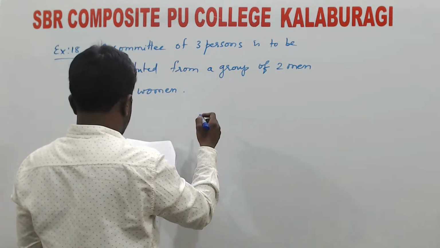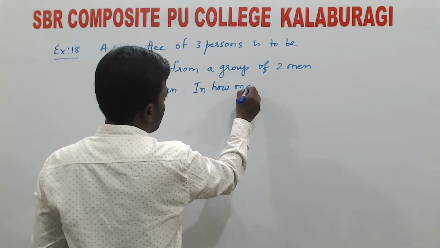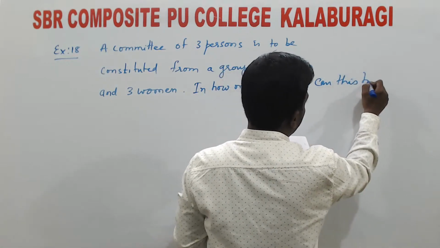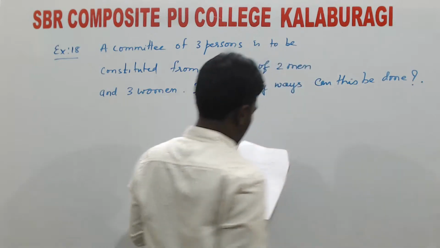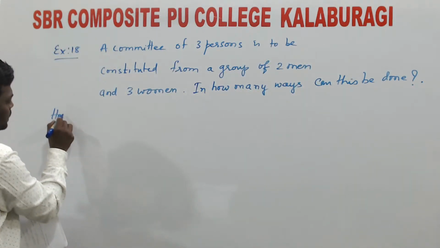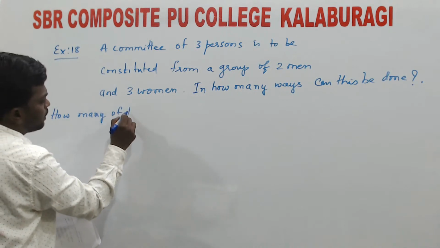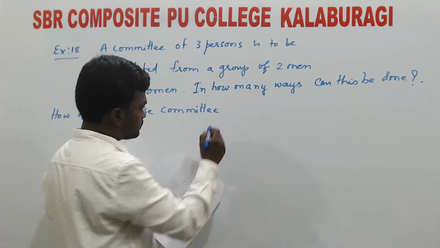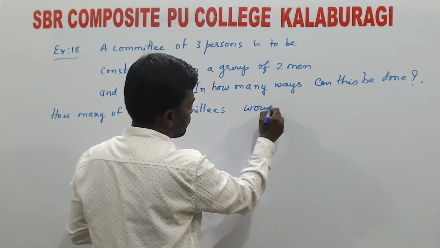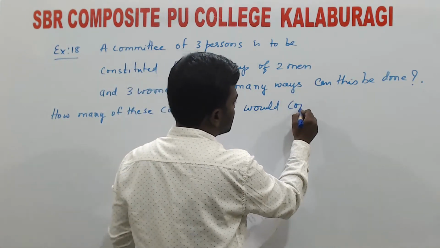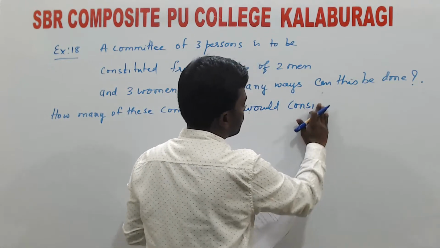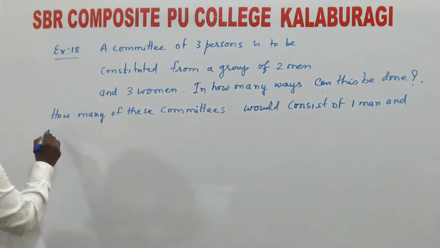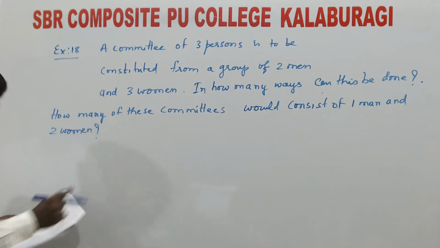In how many ways can this be done? How many of these committees would consist of 1 man and 2 women?